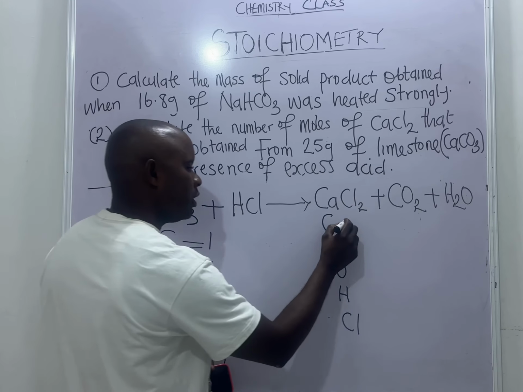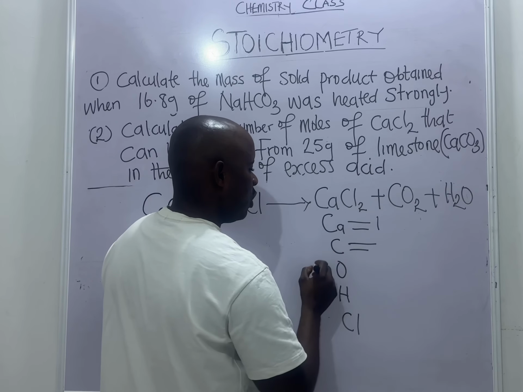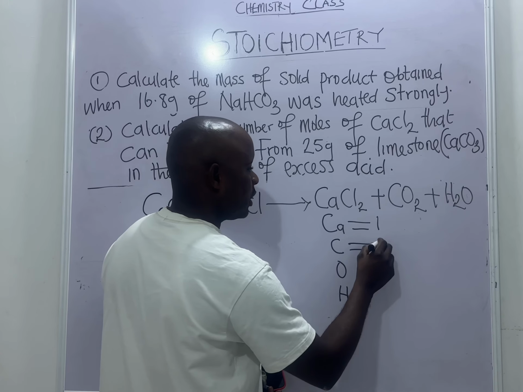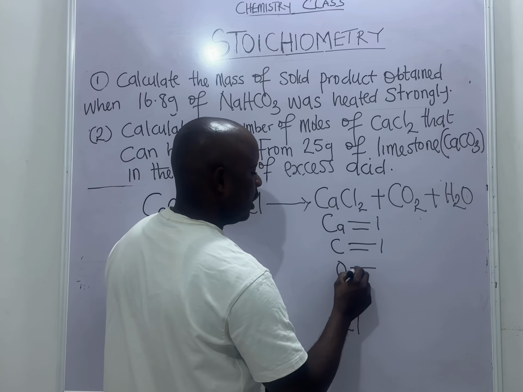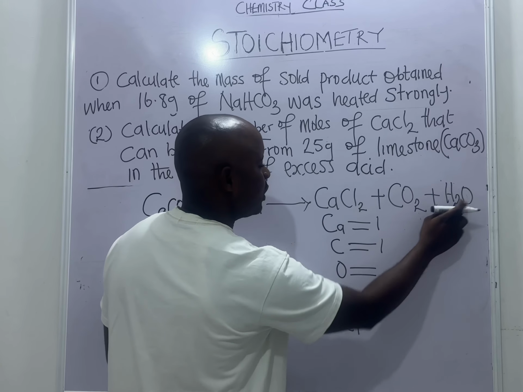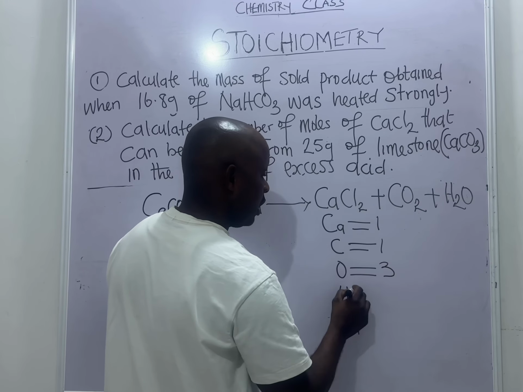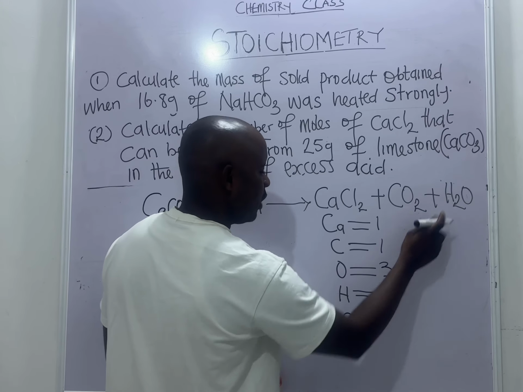Let's check the product. Calcium here is 1. Carbon is 1. Oxygen, we have 2 here and 1, that is 3. Hydrogen, we have only 2 here.